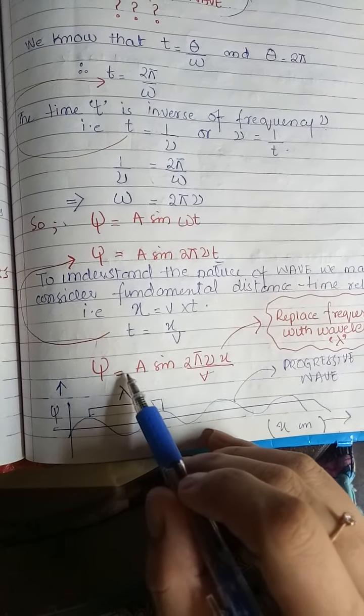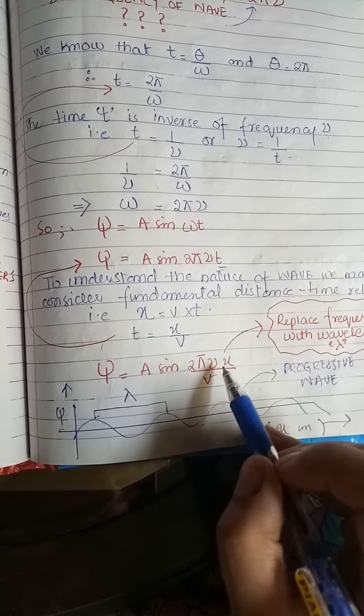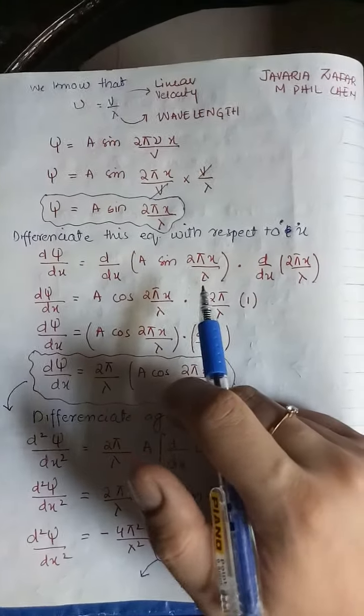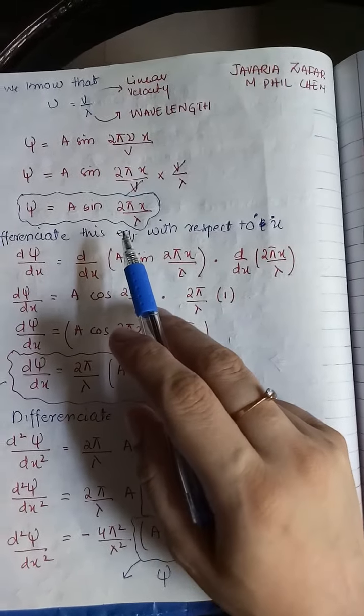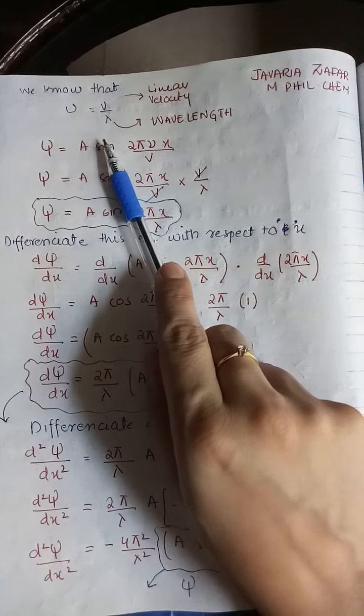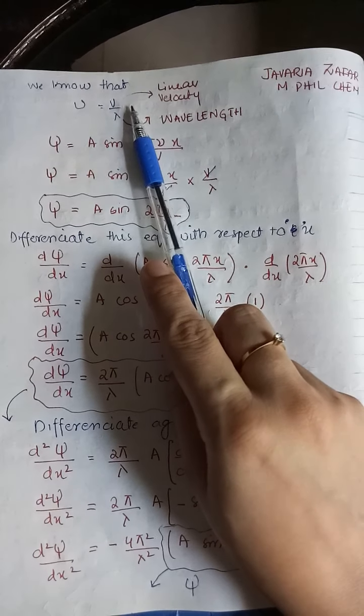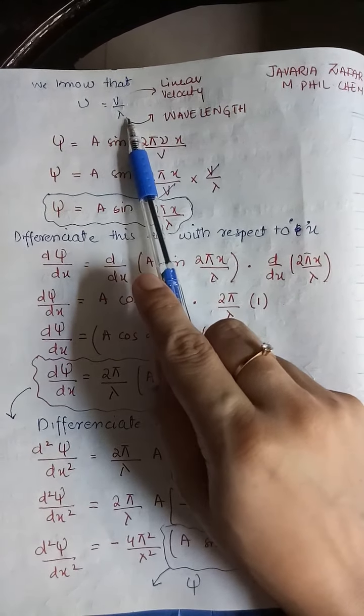So in this equation, the t value will be replaced with x over v. So psi will be equal to a sine 2 pi nu x over v. Afterwards, we know that nu is the frequency, which is equal to the velocity of the wave divided by the wavelength.